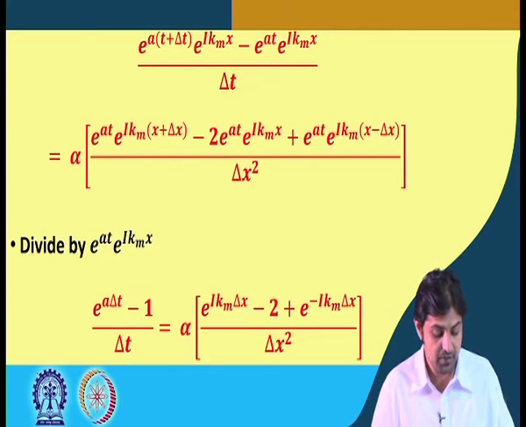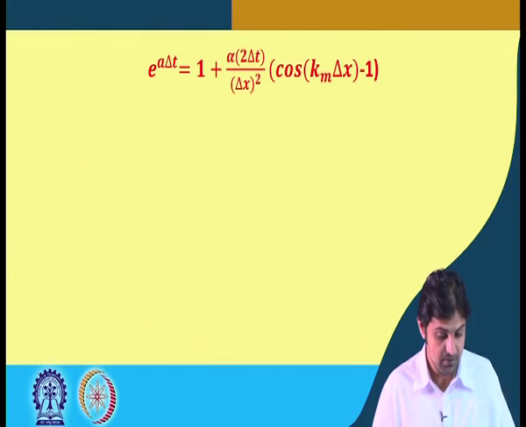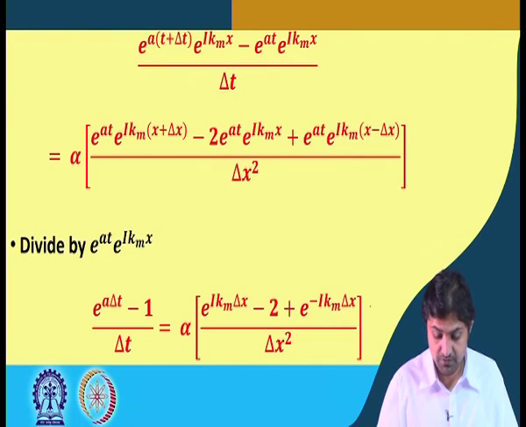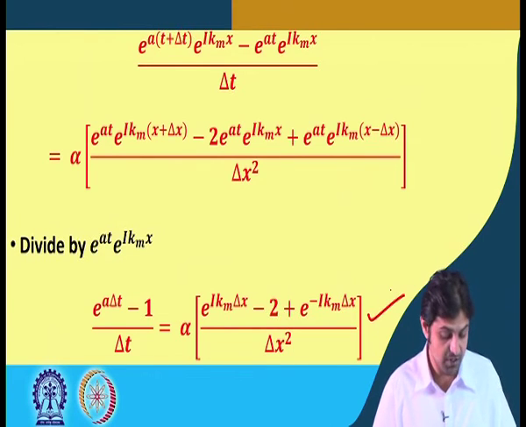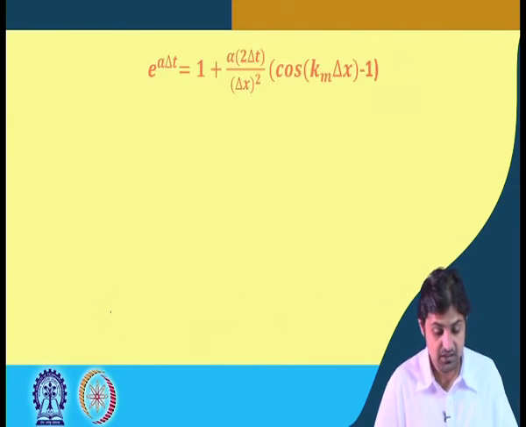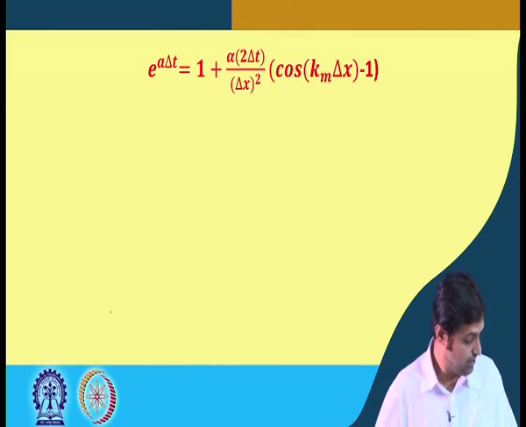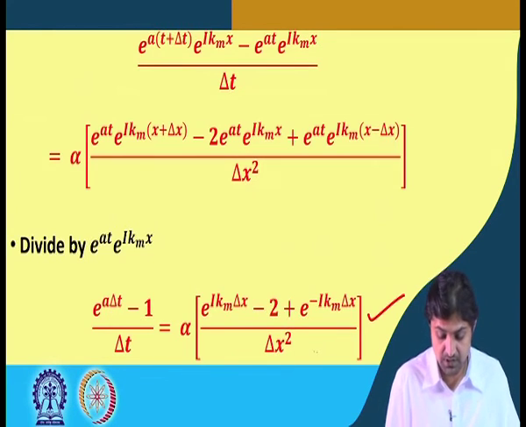So on dividing by e to the power alpha t at e to the power I km x, we can therefore write, using this equation from here, e to the power alpha delta t can be written as 1 plus alpha 2 delta t divided by delta x square.